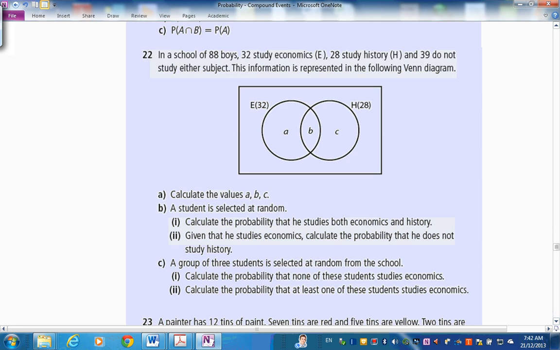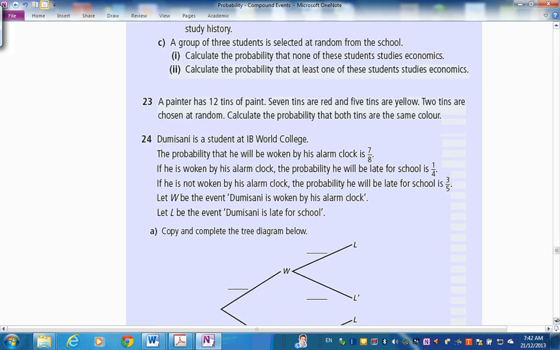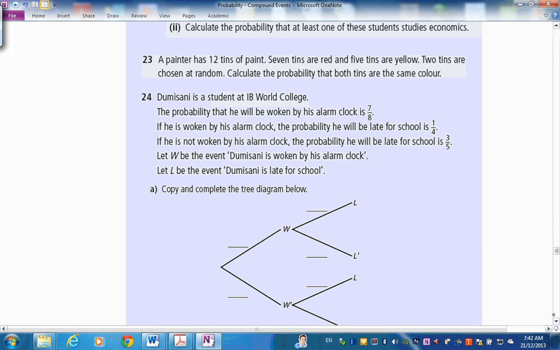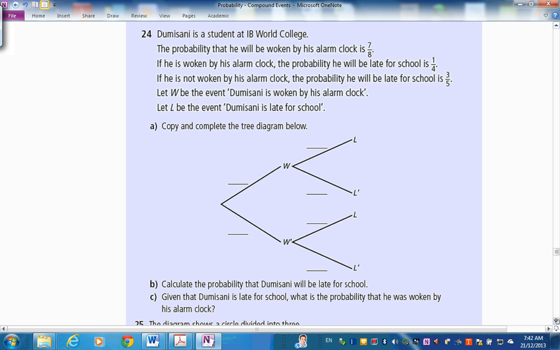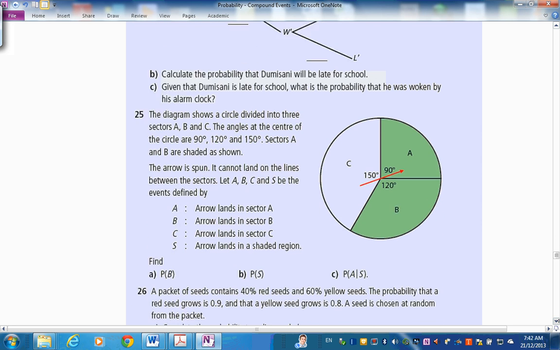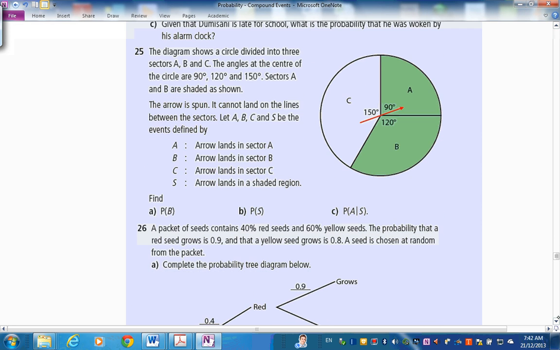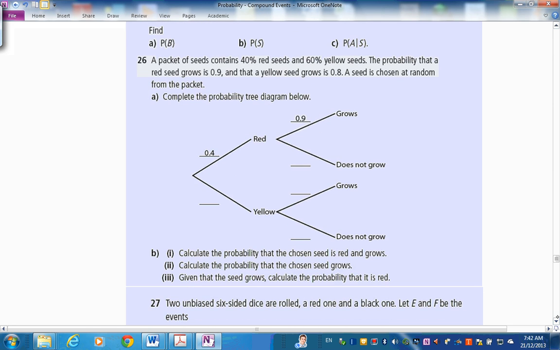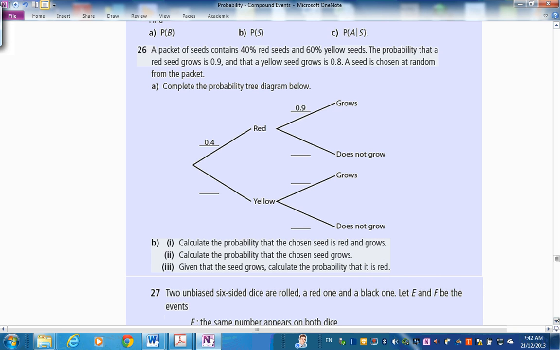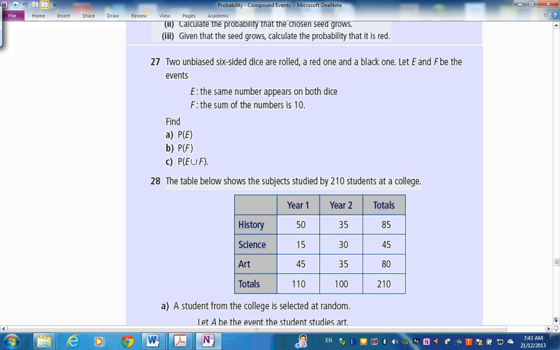There's 22. 23 and part of 24 there. Just go and look at the rest of 24. 25. 26. 27.